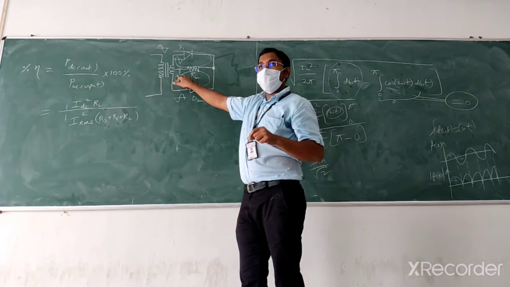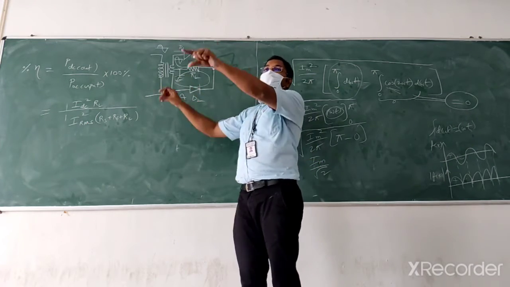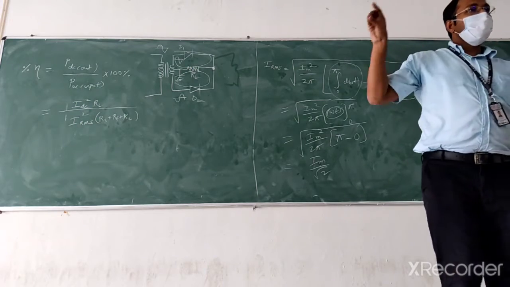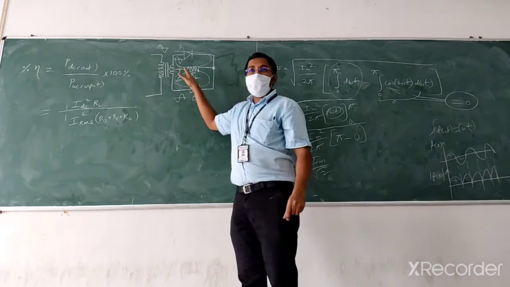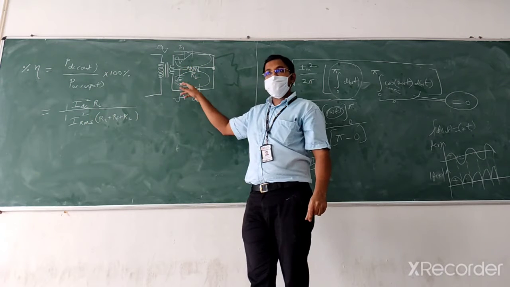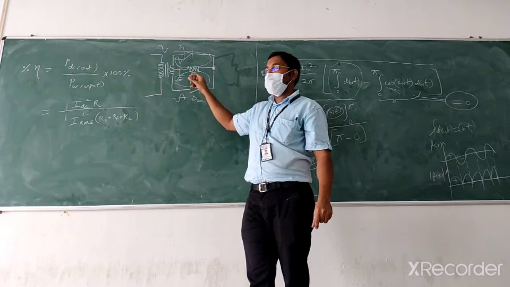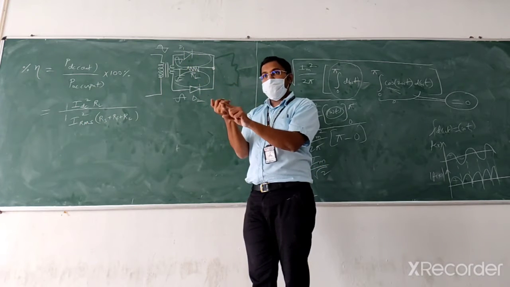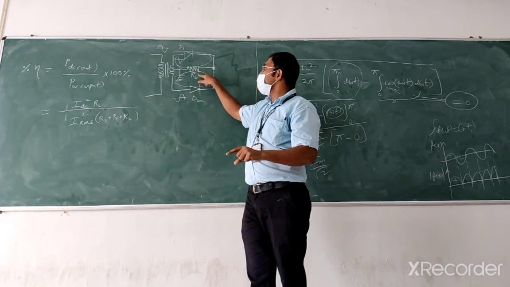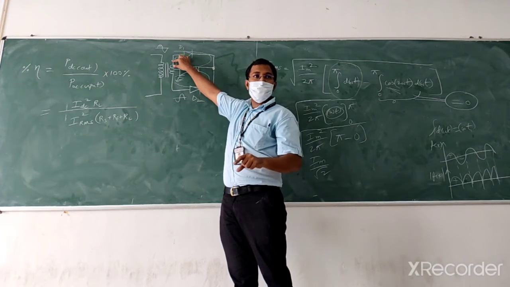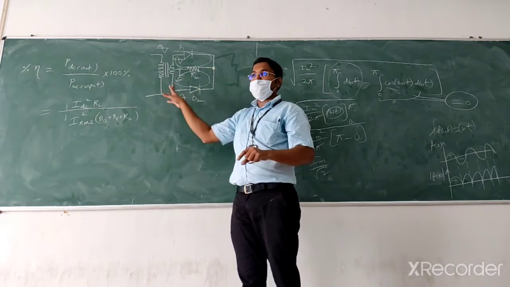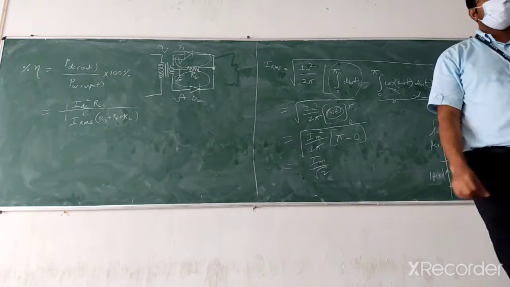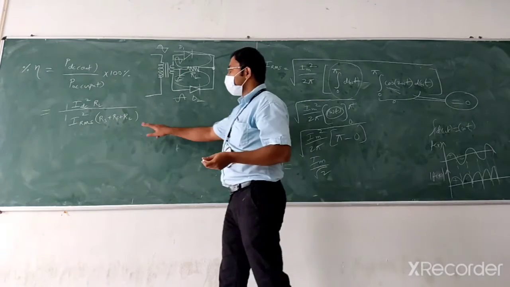So the situation is similar to the half wave rectifier, because in either case we have these three: the diode, RL, and the secondary. In this path or this path, only one path conducts at a time. So this is valid.